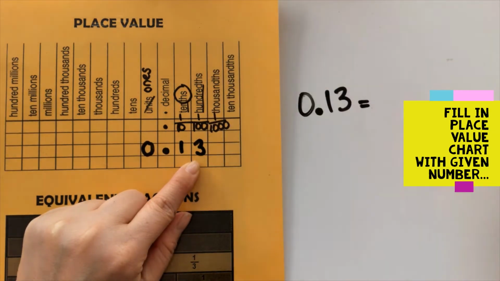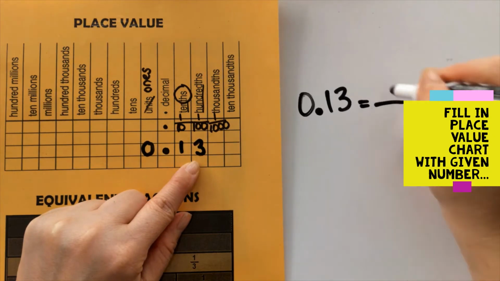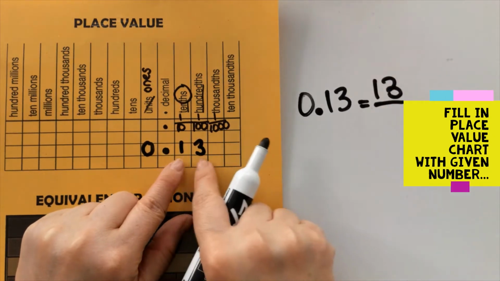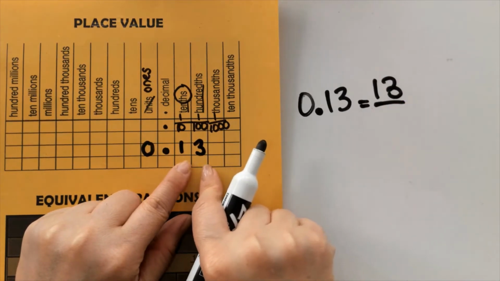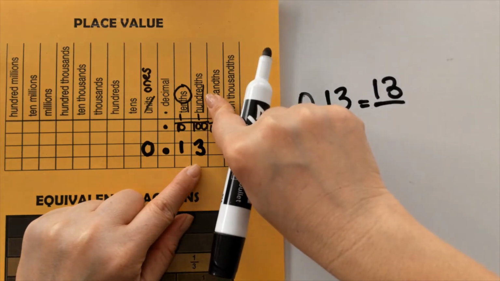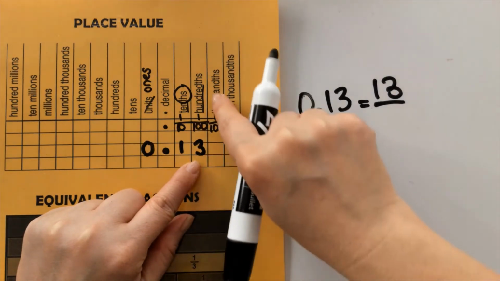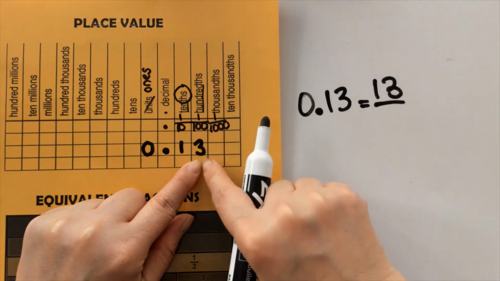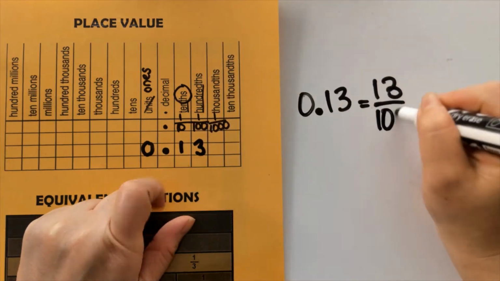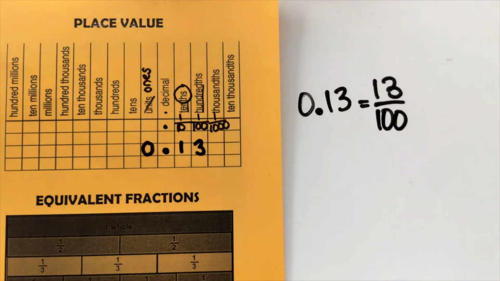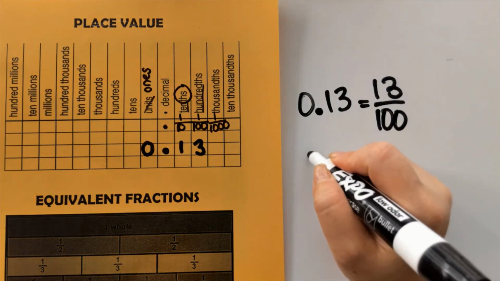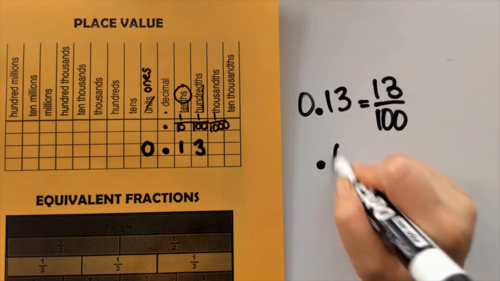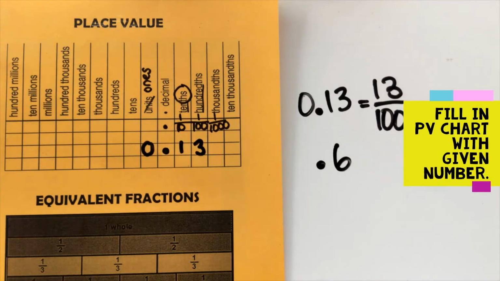So how I put this into a fraction would be 13. This is my numerator, okay? And the denominator is that value that the last digit here ended at. So it ended in the hundredths. I'm going to put 100 in here. It's that simple. So for example, if you had a number such as this, okay, you use the exact same way.